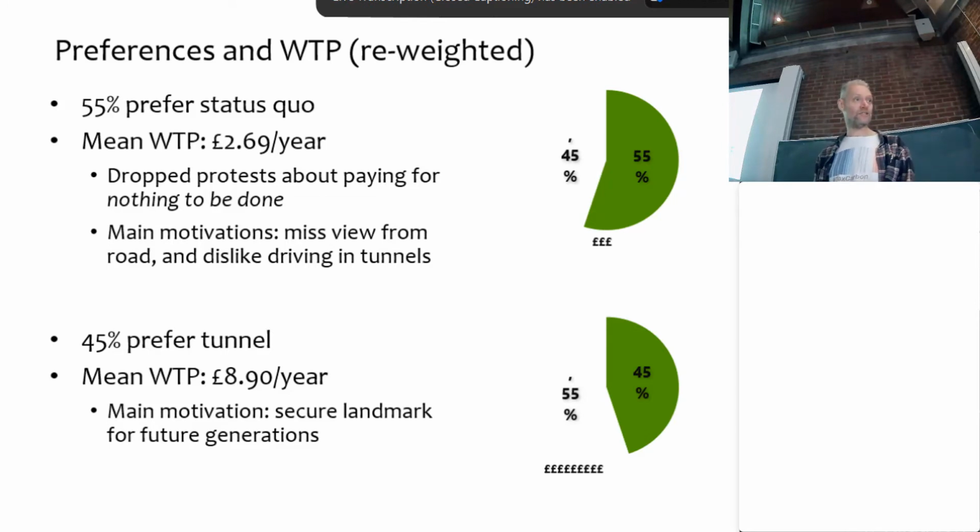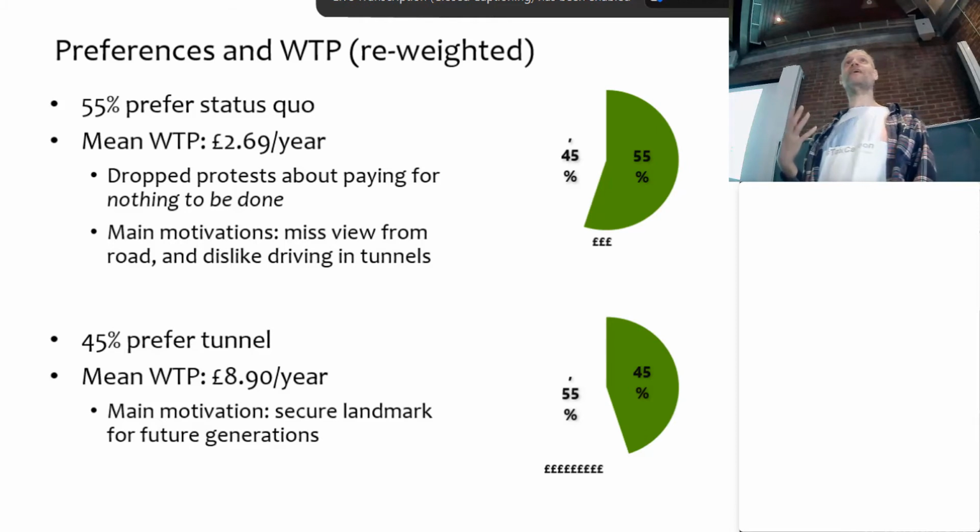And the main motivation for this is essentially a bequest value. We want to keep Stonehenge so that our grandchildren can see Stonehenge. That was the main reason that people were willing to pay, according to the follow-up survey that came out.